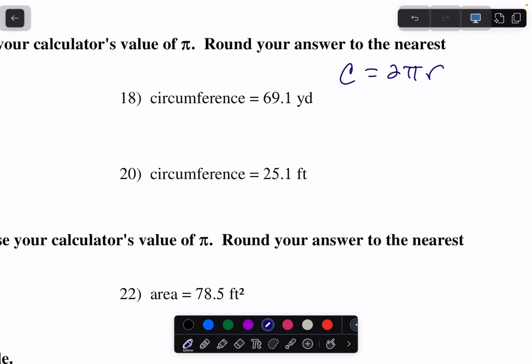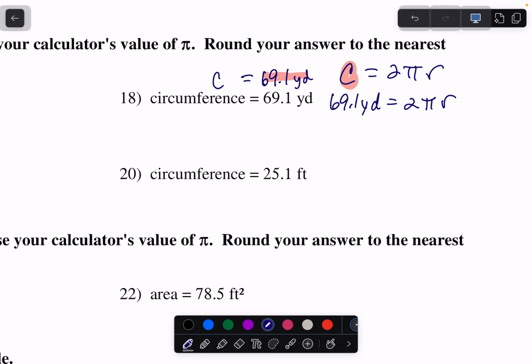So watch, let me show you. They told us that the circumference, so that's our C, is 69.1 yards. So where the C is sitting, we're going to put in 69.1. So let's put that into the formula. So we get 69.1 yards equals 2 times pi times r.